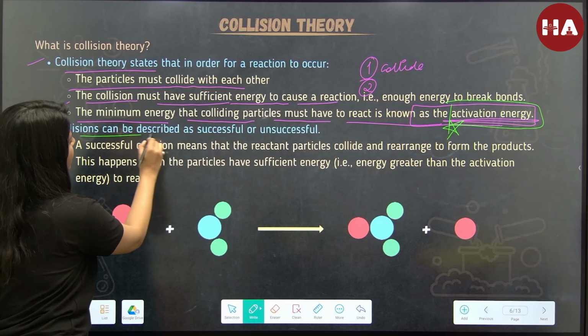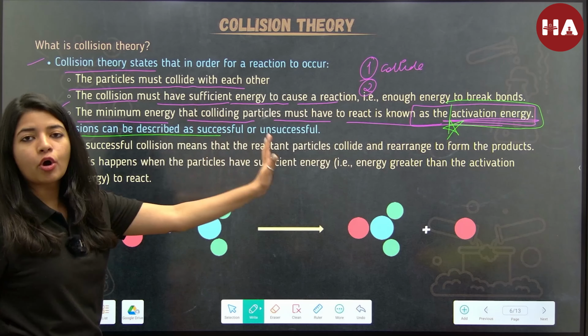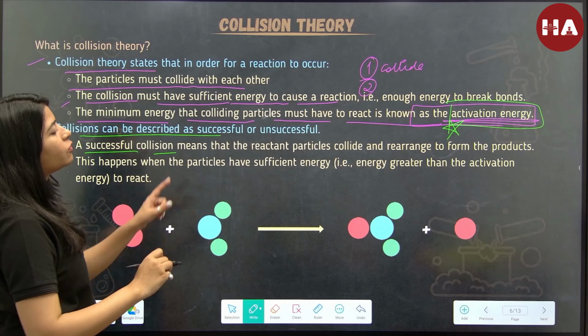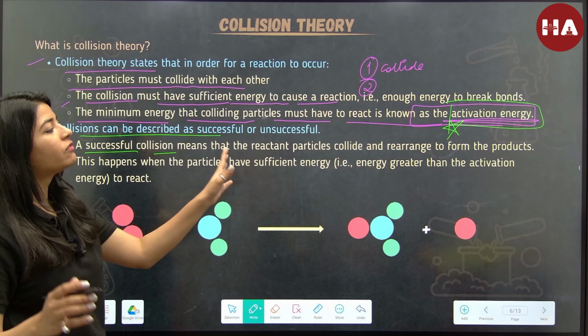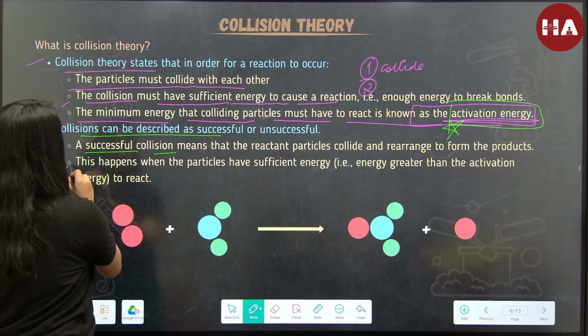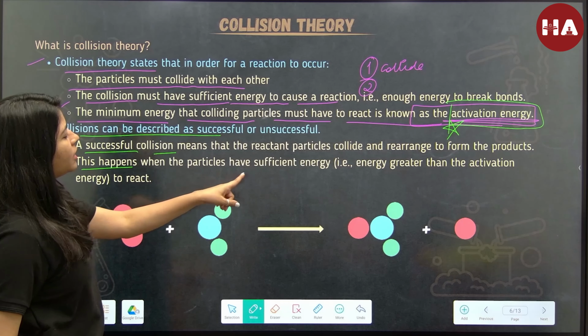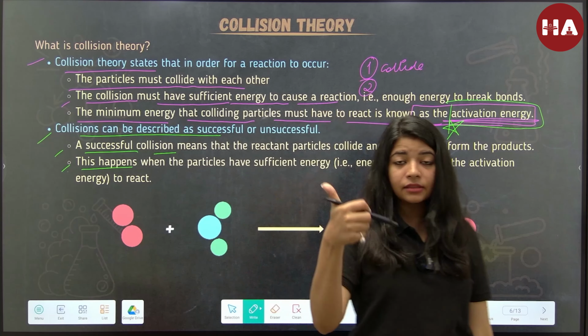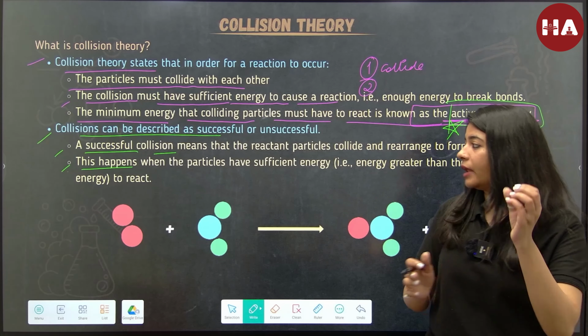Now, collision can be described as successful or unsuccessful. Let's see, a successful collision means that the reactant particles collide and rearrange to form products. And an unsuccessful collision, this happens when the particles do not have sufficient energy. So what is a successful collision? When they collide and the reactants convert into product. And why does this happen?